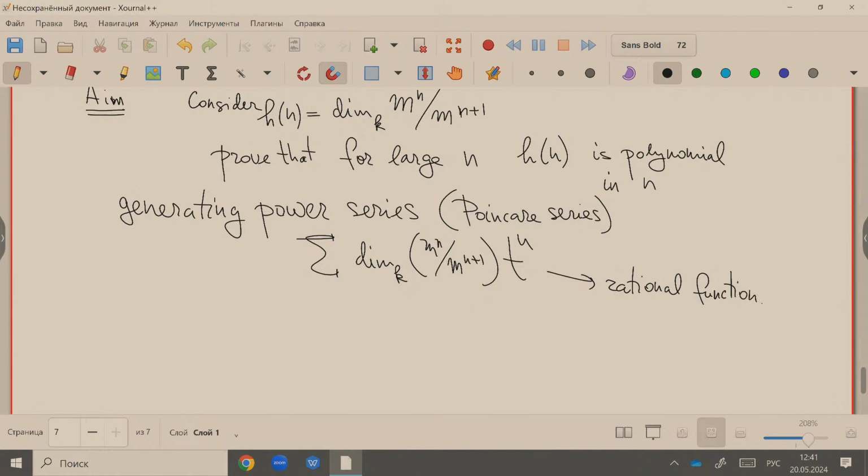After that we have to compare. The final goal is to calculate this via degrees and relations, and also compare it with the usual notion of dimension.